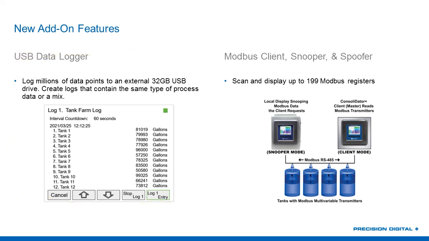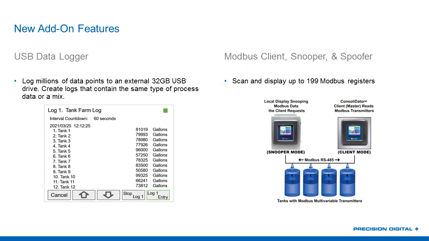And then lastly, we also have a complete suite of Modbus settings. So we have client, server, snooper, and spoofer mode. Our legacy products could only support up to 16 Modbus registers, and this one can do up to 199.